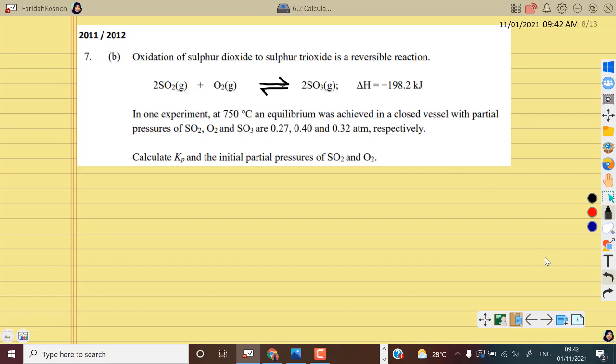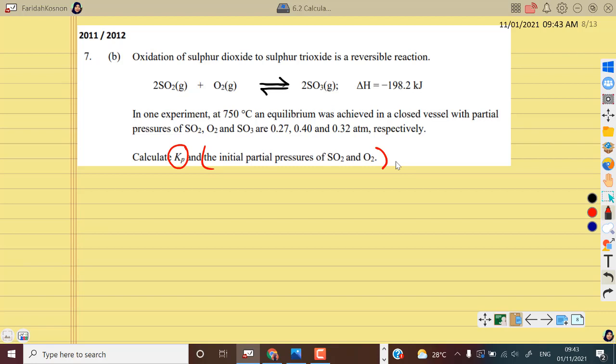Okay, in one experiment at 750 degrees Celsius, an equilibrium was achieved in a closed vessel with partial pressure of sulfur dioxide, oxygen gas, and sulfur trioxide 0.27, 0.40, and 0.32 atm respectively. Calculate Kp and the initial partial pressure of sulfur dioxide and oxygen gas.